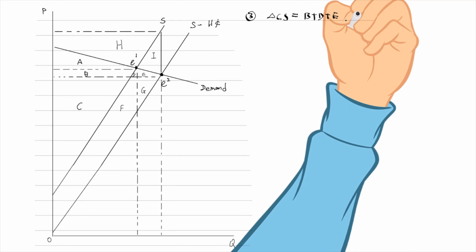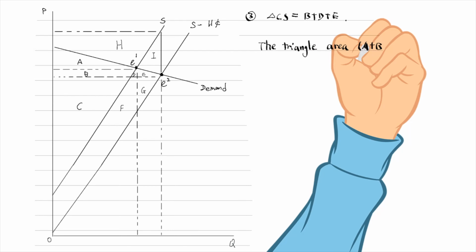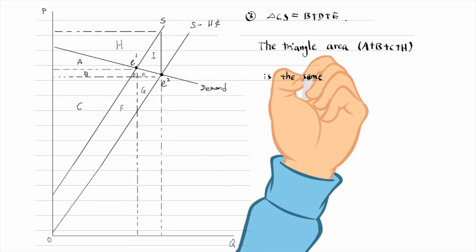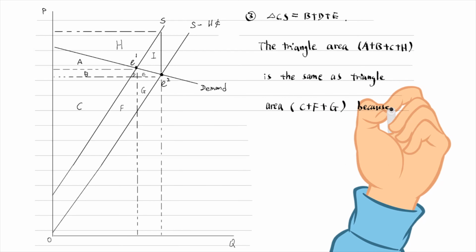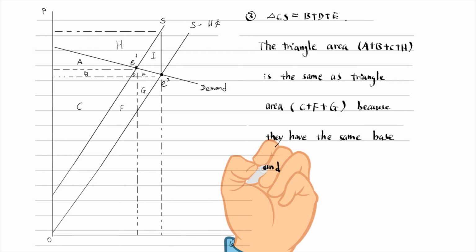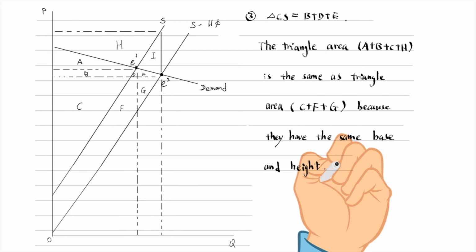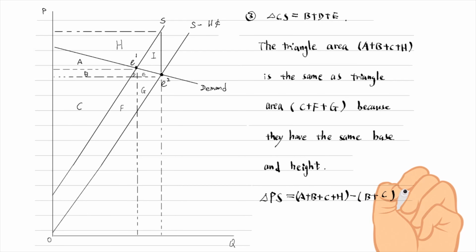Notice that the triangle area of A plus B plus C plus H is the same as the triangle area of C plus F plus G because they have the same base and height. So, the change in producer surplus equals A plus B plus C plus H minus B plus C, which is the area of A plus H.